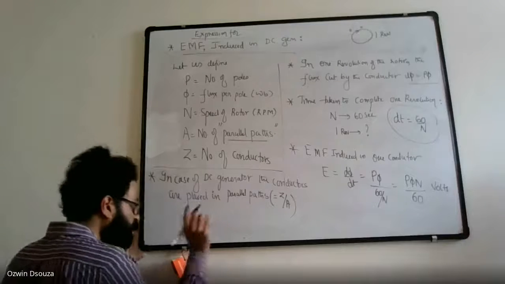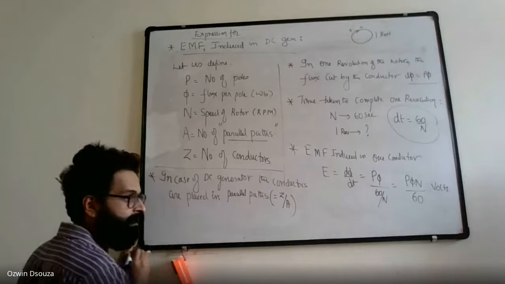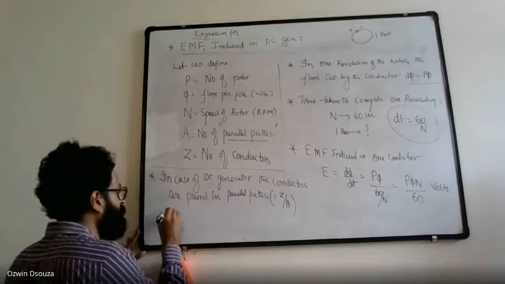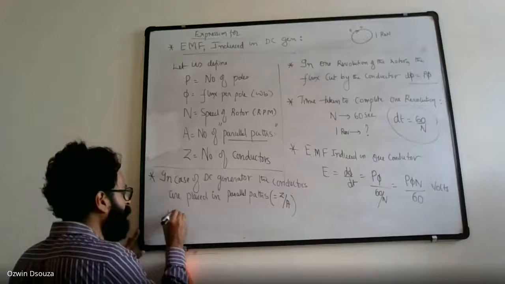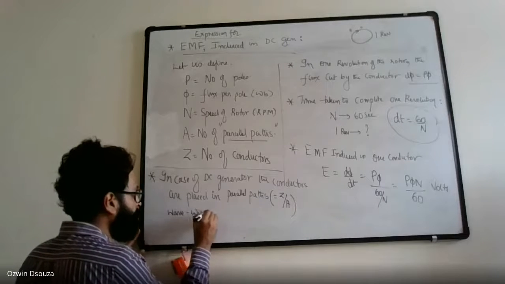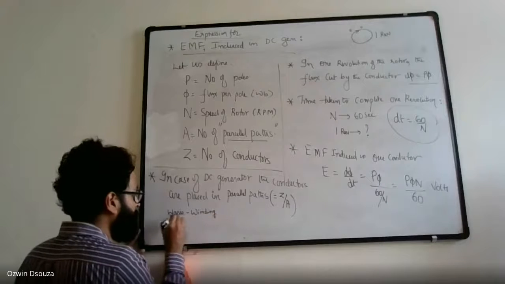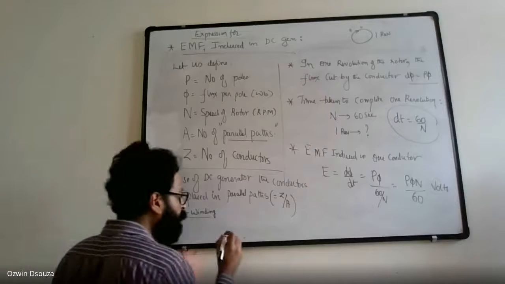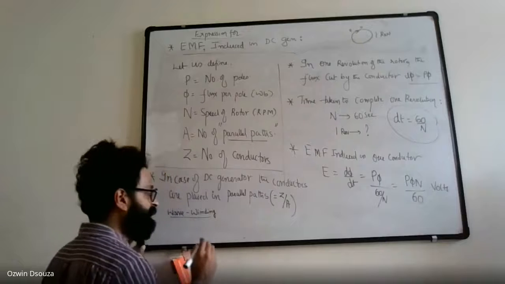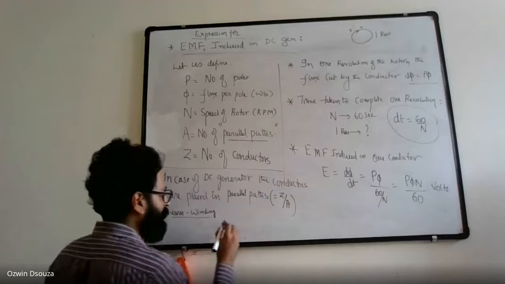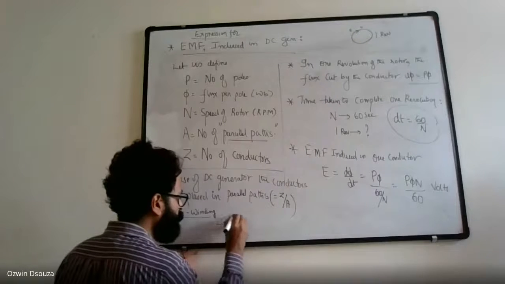So here itself, let me tell you what you mean by parallel paths. Now, you have two types of windings in a DC machine. Wave winding. In case of wave winding, the conductors are kept in two parallel paths. Always two.